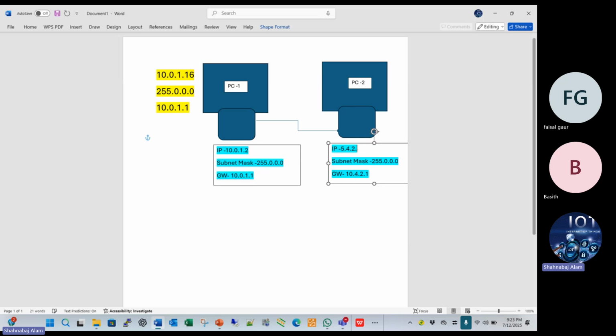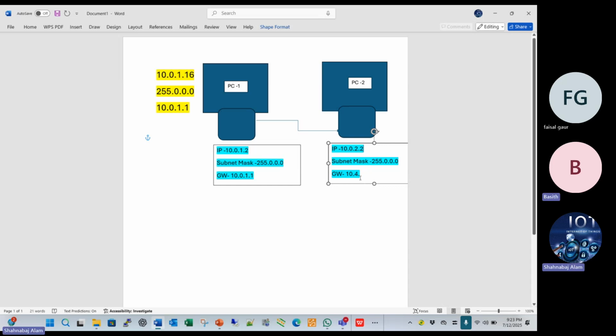Suppose I type again, 10.0.1.2, and you write 10.0.2.2. Can I write that on the second PC?